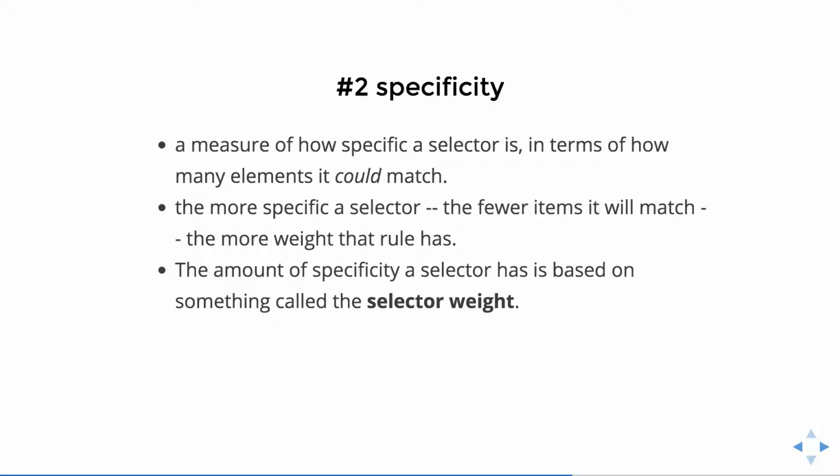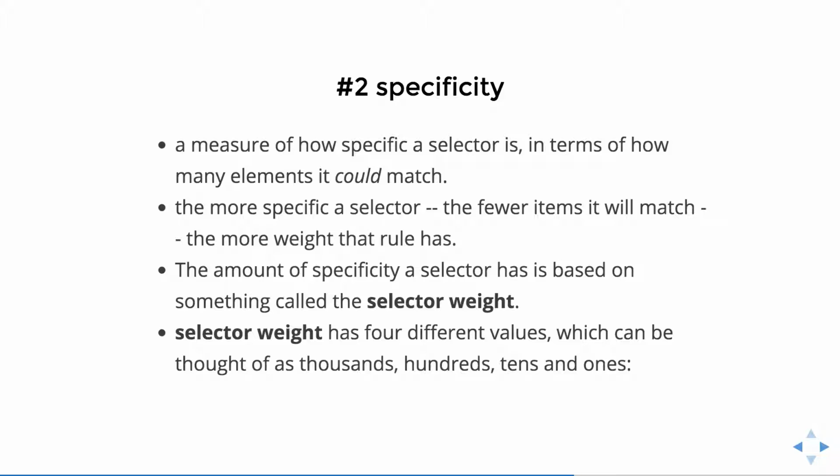It has 4 different values, which can be thought of as thousands, hundreds, tens, and ones, although they don't round. You can never have so many ones that we eventually get to tens, but think of them as major categories. It's a base infinity system with 4 columns.